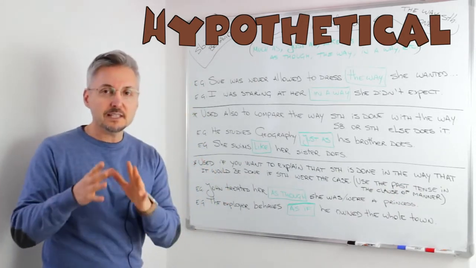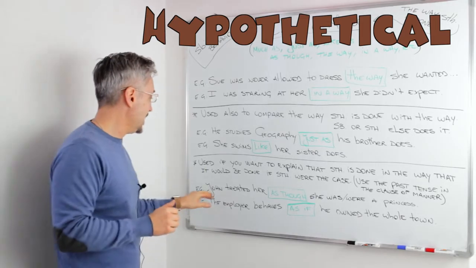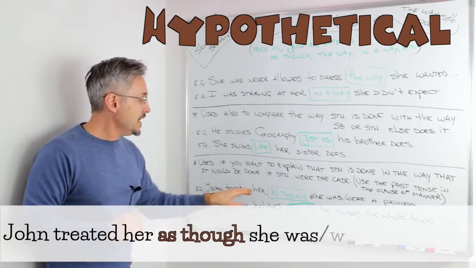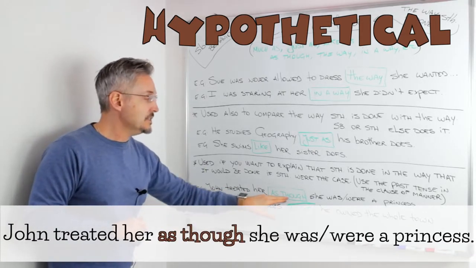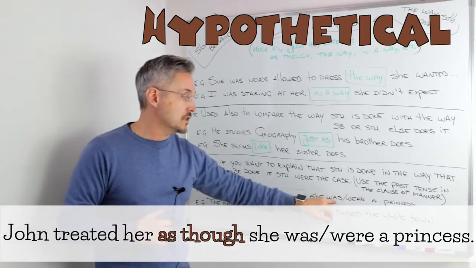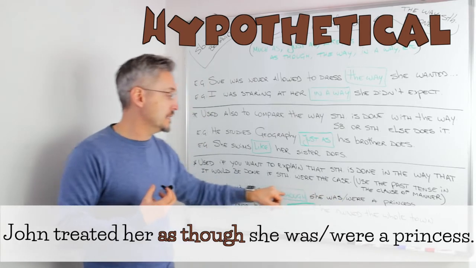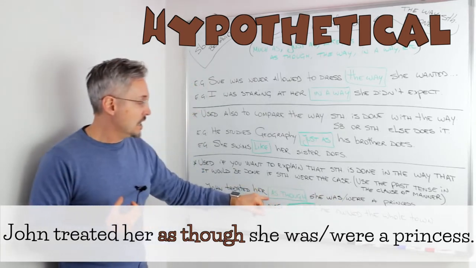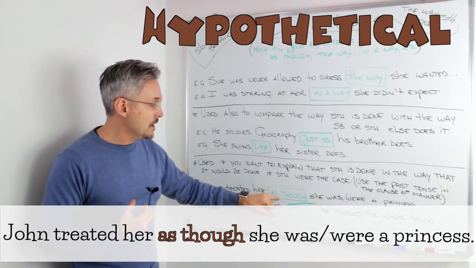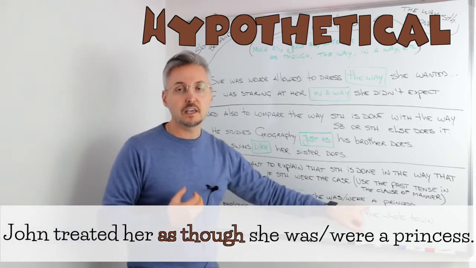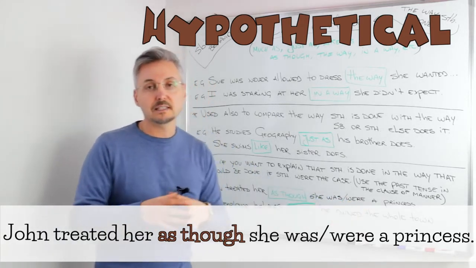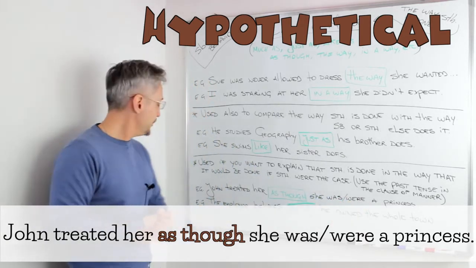Let me give you the example that I gave you at the beginning again. John treated her as though she was or were, the subjunctive part of the sentence, because right after the clause of manner, we need the past tense. In this case, it would be a subjunctive.